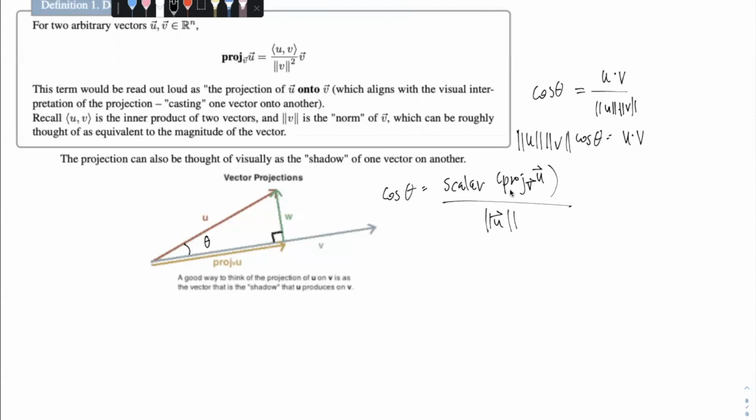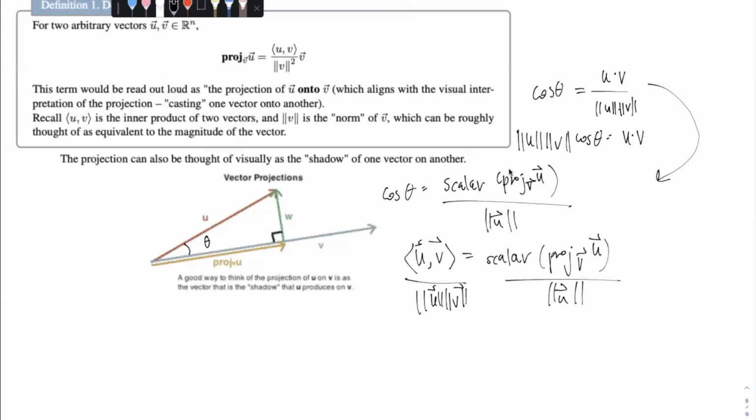But also keep in mind from earlier that cosine theta is equal to the dot product of U and V over the norm of U and V multiplied together. So if we sub that in, we get that. And this bracket notation is just another notation for denoting the dot product.